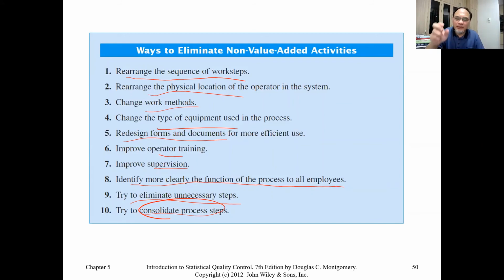There are steps which can be combined. You have to always be creative to ask whether this step is necessary. Why is the worker doing this step? Why is the clerk having to do this step?